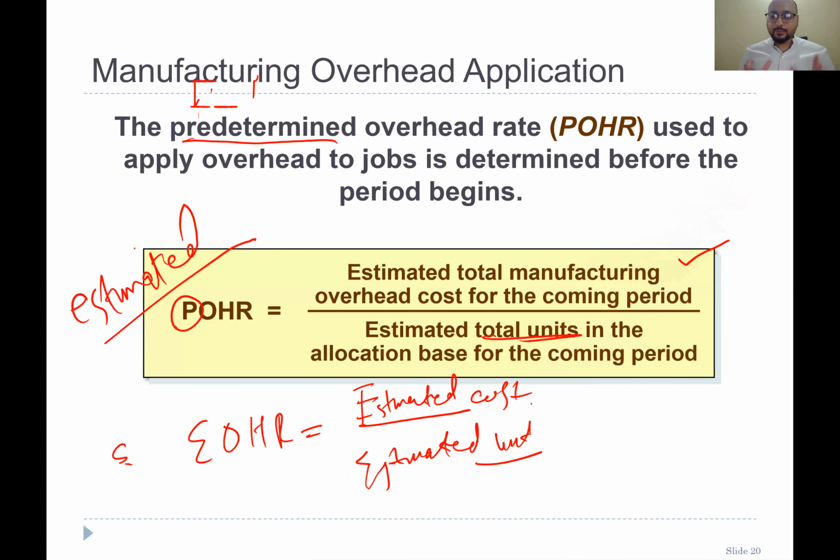Because we need to first find out the cost and then decide whether this order is profitable for us or not, whether we should accept it or not, because we don't have the actual numbers. Actual numbers of what? The indirect material and indirect labor, which you add to find out manufacturing overhead. You don't have that number, so you estimate in advance.